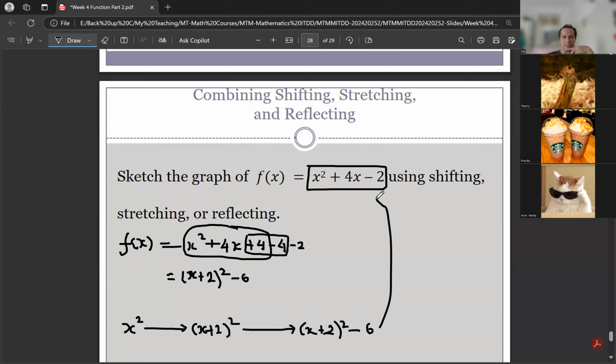So this is the graph of the function we want to find. You must know this is shifting to the left by two units, and this is shifting downward 6 units. So please make it by yourself.